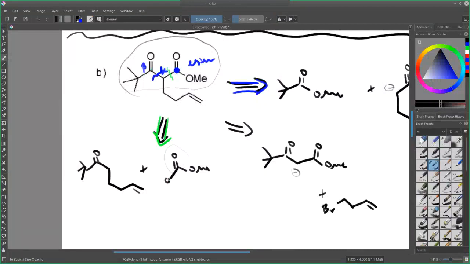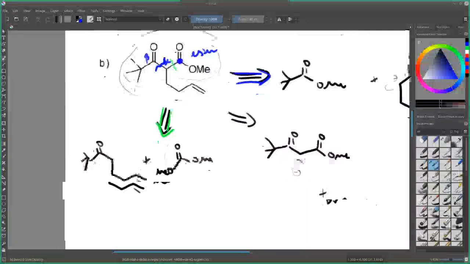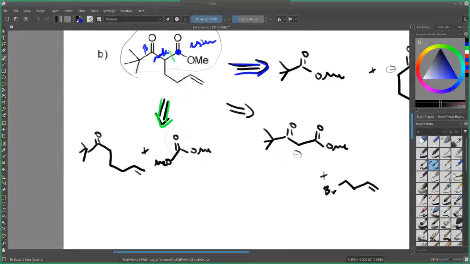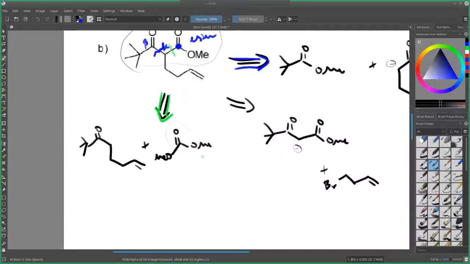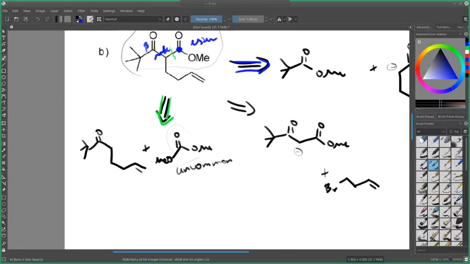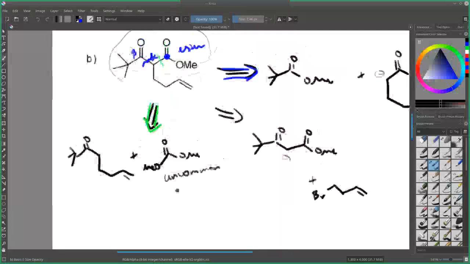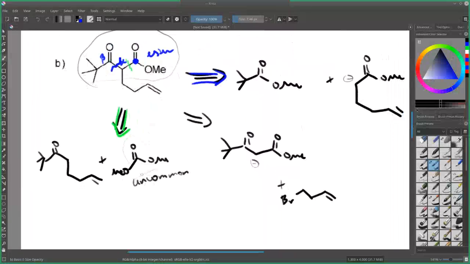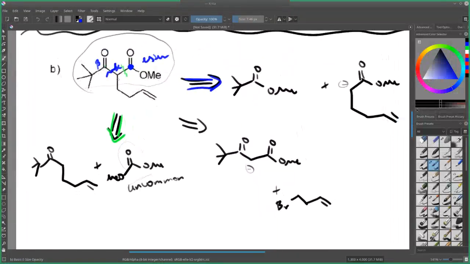So if you want, you could also use this thing, which has two O-methyls on either side of a ketone. This is another option. This is weirder because this sort of compound is kind of uncommon also, but this is a totally fair synthesis. This would work. This would get you this exact product that you wanted.